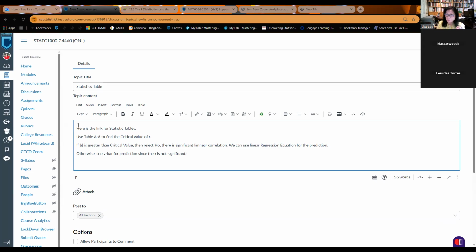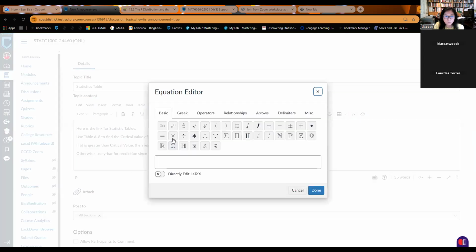So it depends how you compare. If the R is greater than the critical value on the table, then we can reject, and we can say this is a significant correlation here, and we can use the regression equation for prediction. That's what the problem we just saw was showing us.